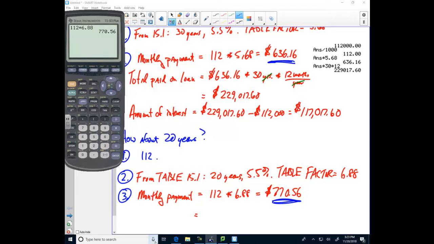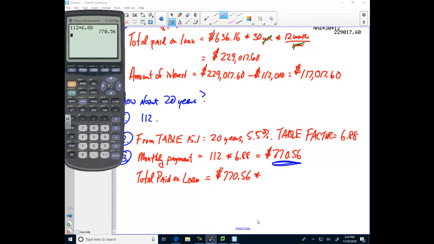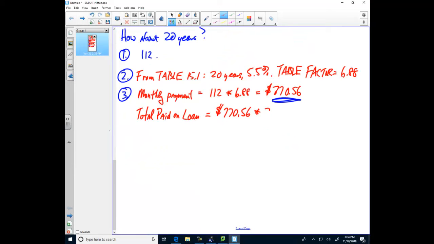Now let's do what I started out to do here before I got confused. So now we can do the total paid on the loan. Now we're going to have $770.56 times, let me roll this up a little bit, 20 years times 12 months per year.